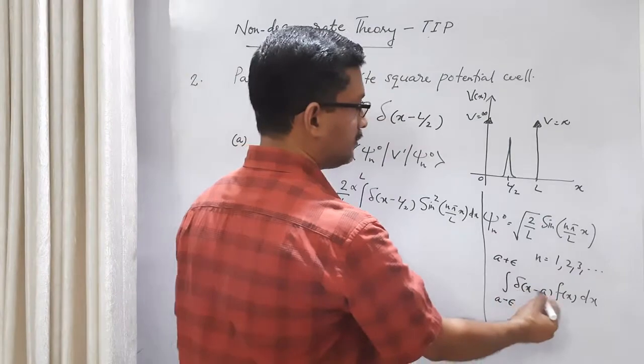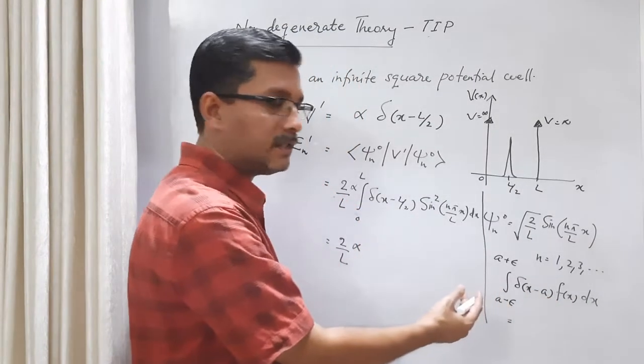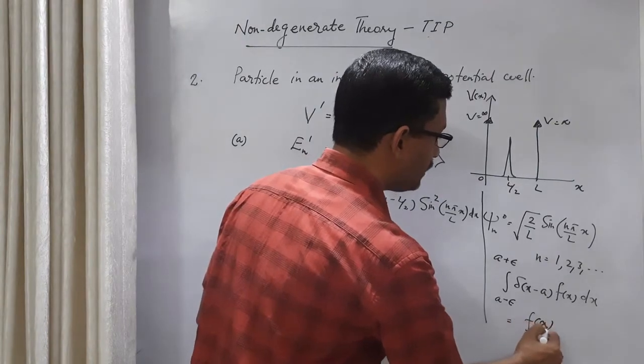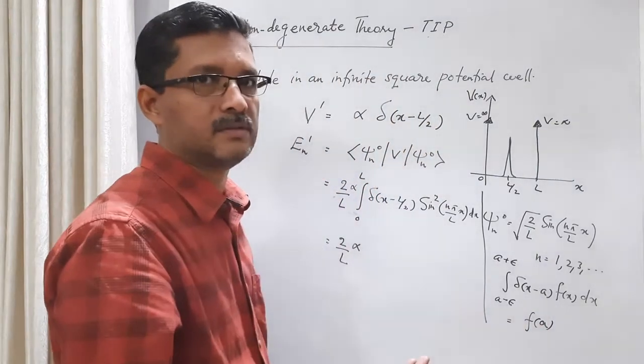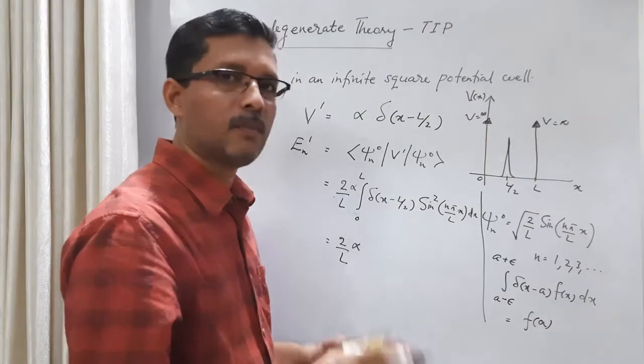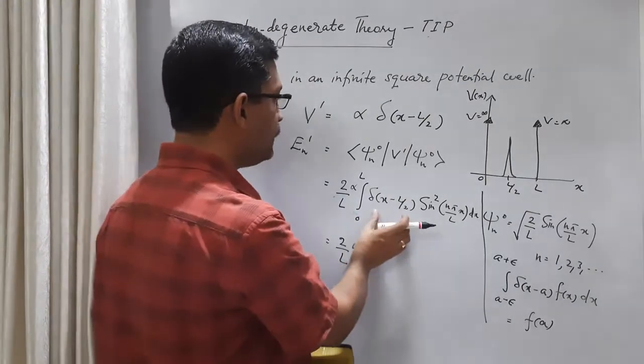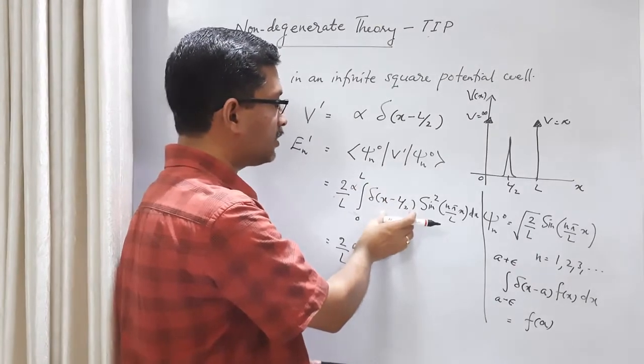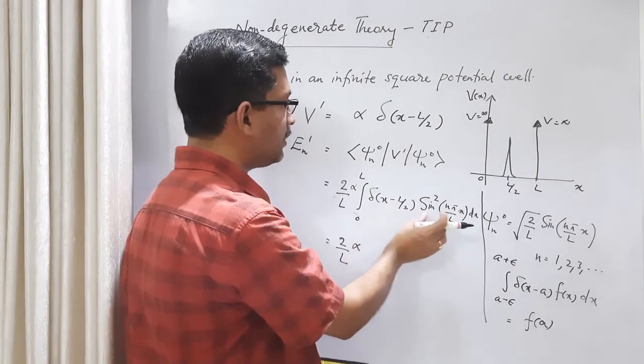And what is the result of this one? When the delta function appears within an integral along with a function, what you get is the value of the function at the point where the delta function peaks. So here, where does it peak? The integration is okay, this domain contains x equal to L by 2, and it peaks at x equal to L by 2.